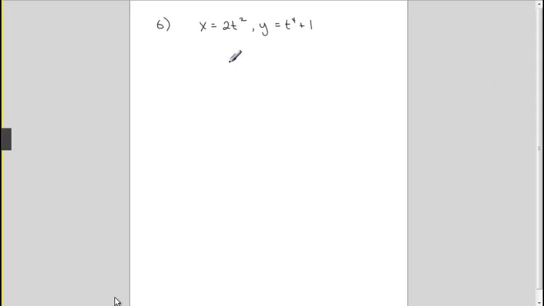So let's go ahead and eliminate the parameter first. The one thing you have to be careful about when you eliminate the parameter is that you reflect any change in the domain. From the original equation, you can see that t can go from negative infinity to positive infinity. There's no reason why it can't.